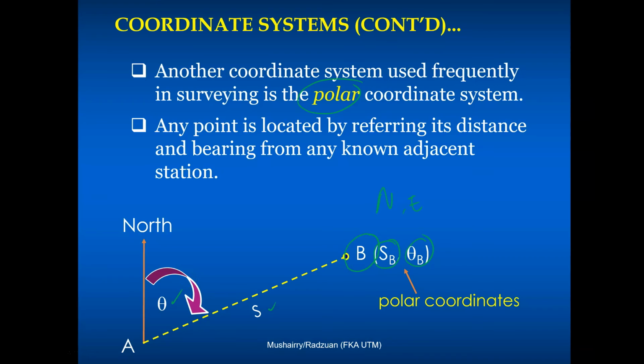So that's polar coordinates. If you look closely, when you are in the field doing your traverse, you're measuring bearing to B, you're measuring distance to B. In other words, the two values that you measured are in fact the polar coordinates of that point.